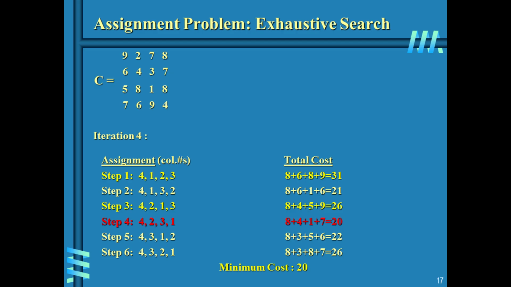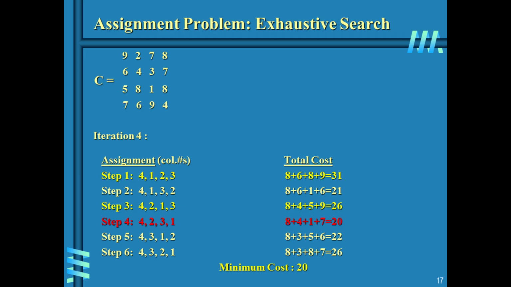Step number 3 of iteration 4 assigns job 4 to person 1, job 2 to person 2, job 1 to person 3 and job 3 to person 4 whose total cost is 26. Step number 4 of iteration 4 deals with assigning job 4 to person 1, job 2 to person 2, job 3 to person 3 and job 1 to person 4 whose total cost is 20.